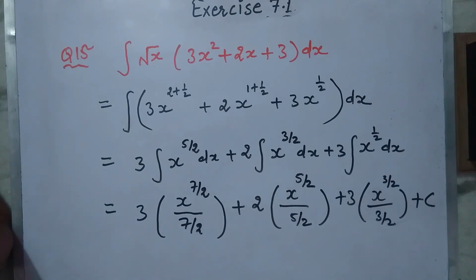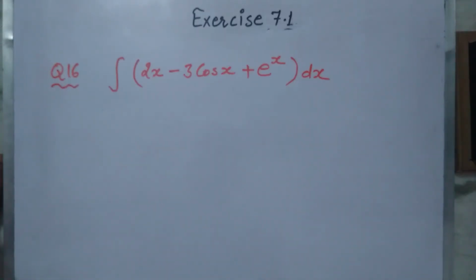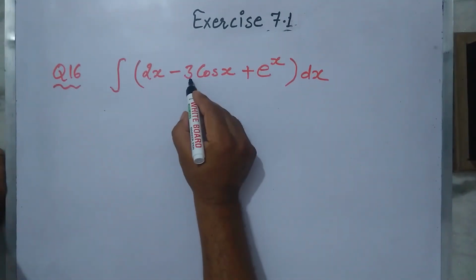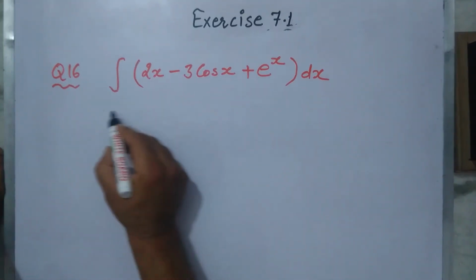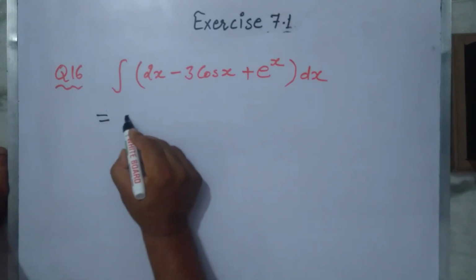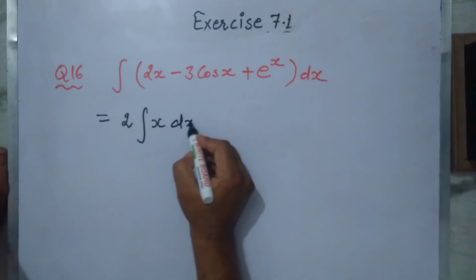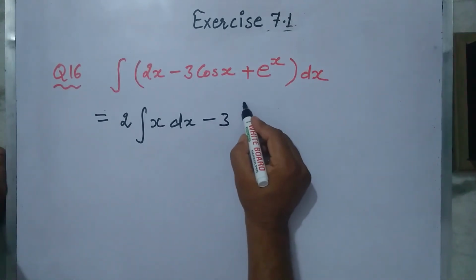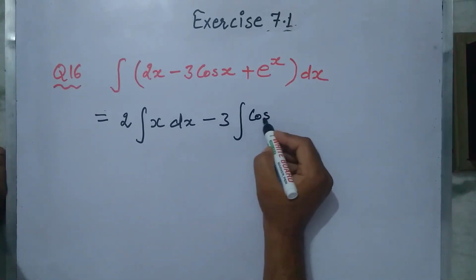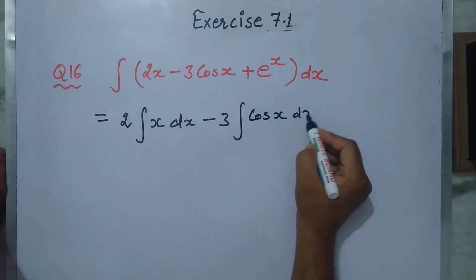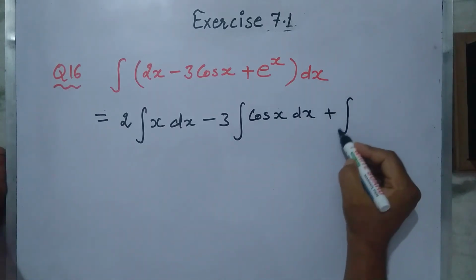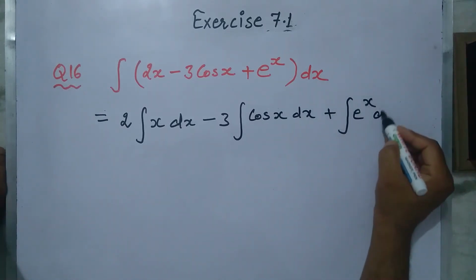Our next question is question number 16. 2x minus 3 cos x plus e raised to power x is equal to 2 into integration of x dx minus 3 constant integration of cos of x dx plus integration of e power x dx.